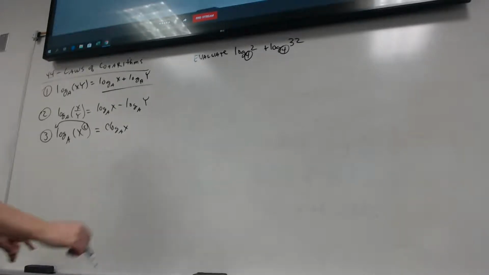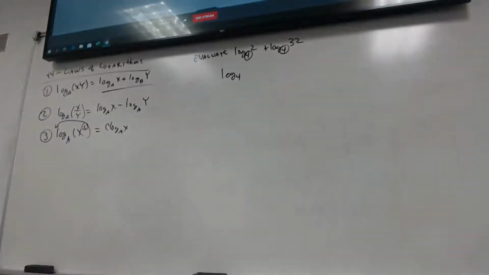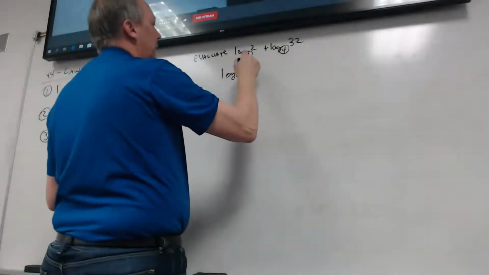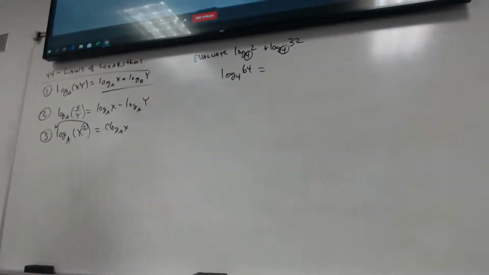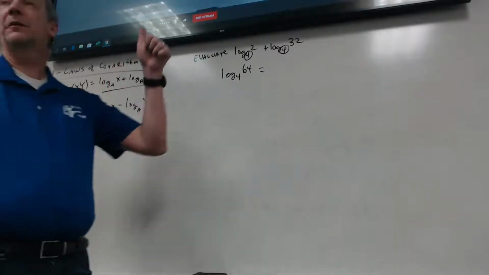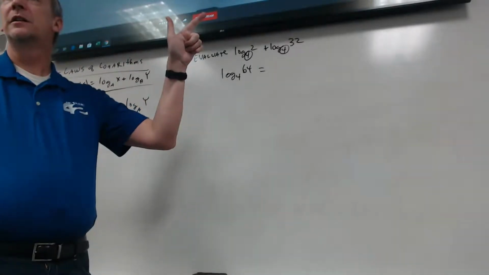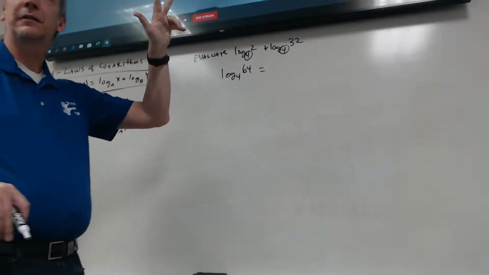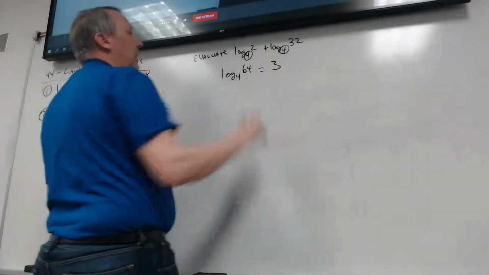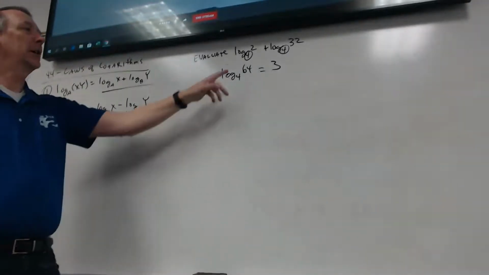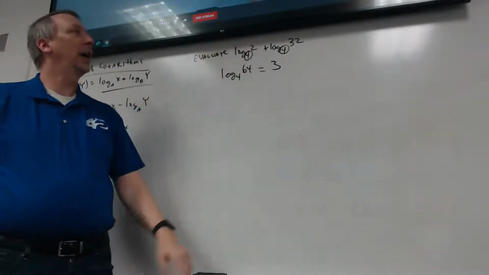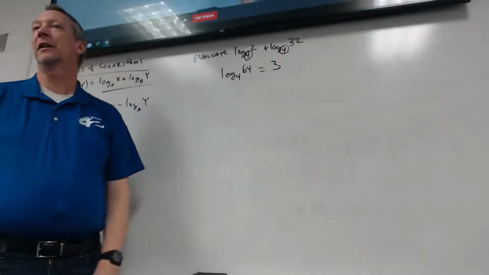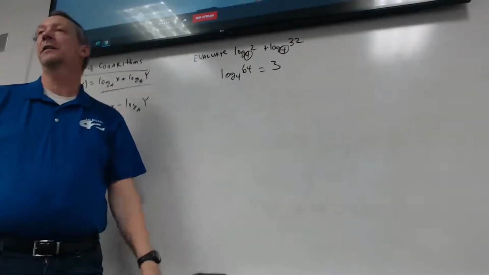So I could write this as a single log, log base 4 of 64. And 4 to what power equals 64? Well, 4 times 4 is 16, 16 times 4 is 64. That's 3. Otherwise, log base 4 of 2 is kind of hard to figure out, and log base 4 of 32 is kind of hard to figure out. So if you can combine them together, you get a nice even number.